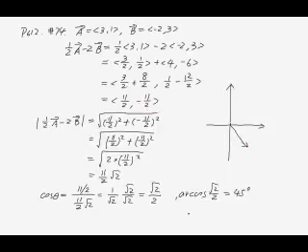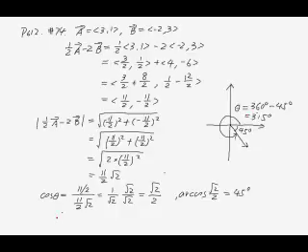Right? So actually, the direction angle is this guy. So we know this is equal to 45 degrees. Then this direction angle theta should be equal to 360 degrees minus 45 degrees, and this is equal to 315 degrees.